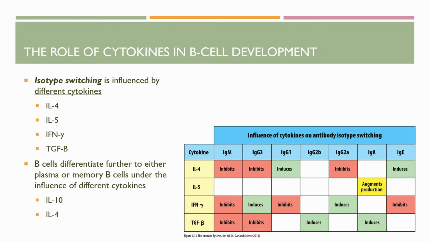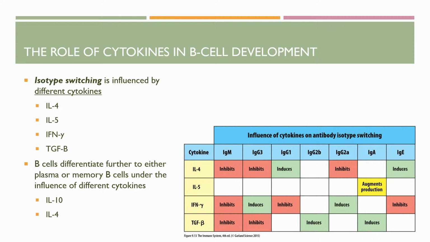We talked about cytokines last lecture as messages for the cells. These chemical signals tell immune cells you need to come and attack, or there's inflammation here. Different cytokines are associated with different immune responses, and different cytokines will either inhibit or induce different isotypes. We call this isotype switching.